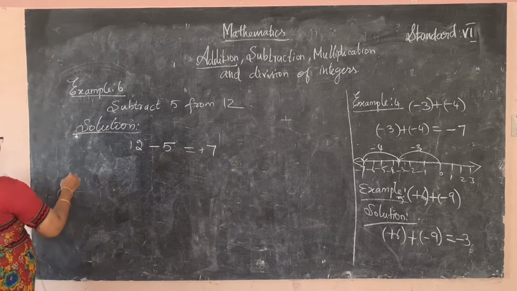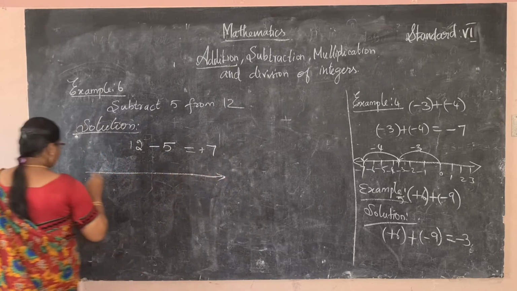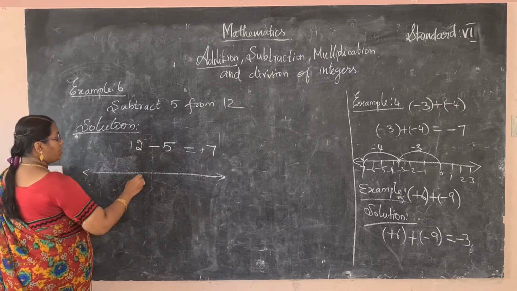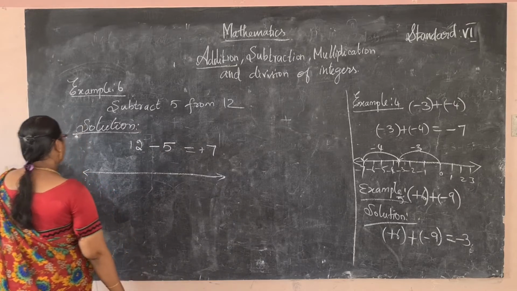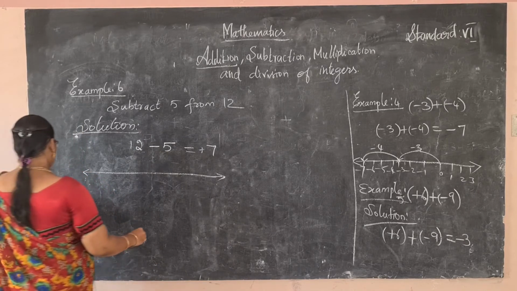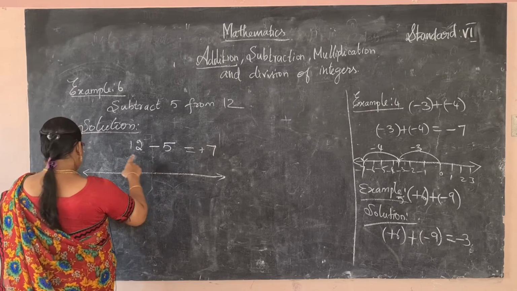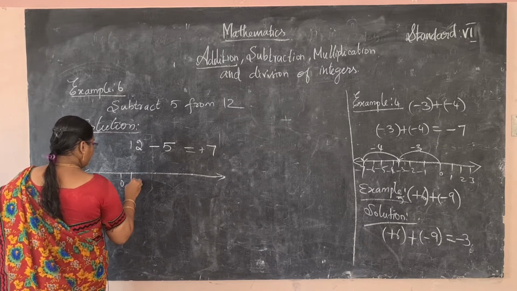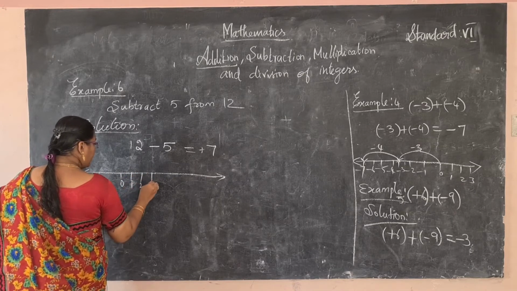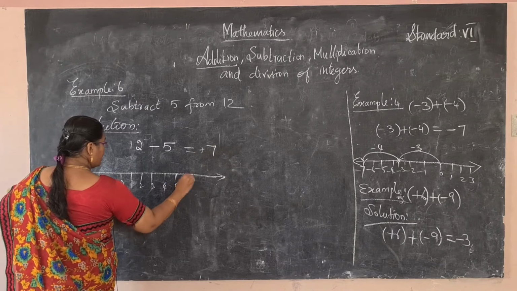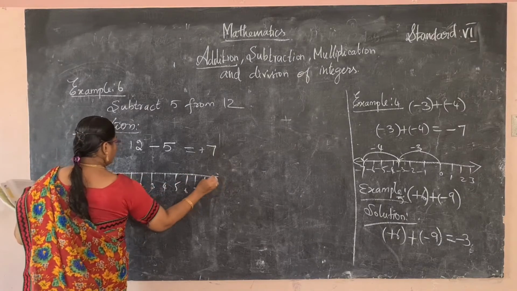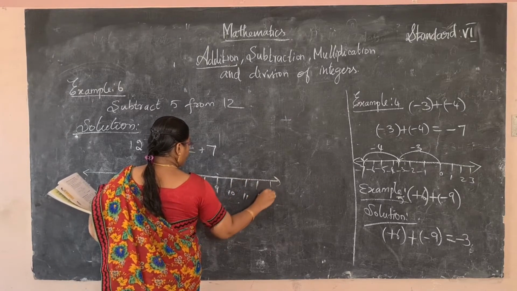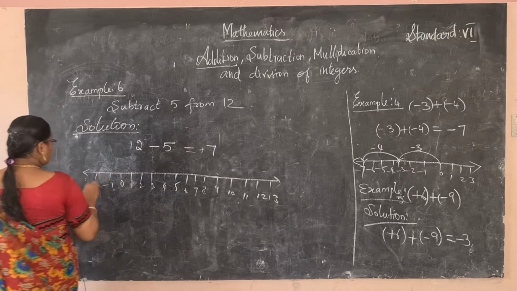Okay, so see an example for the subtraction number line. The first one is 12. Here 0, 1, 2, 3, 4, 5, 6, 7, 8, 9, 10, 11, 12, 13, and minus 1, minus 2.